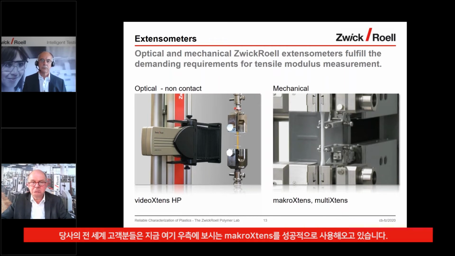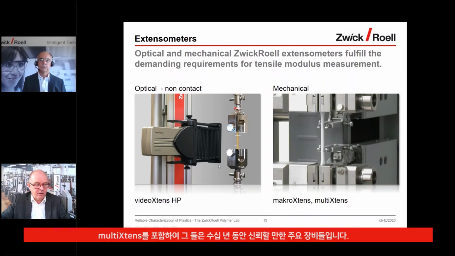So our global customers have successfully used the mechanical extensometers, MacroXtens, that you see here on the right side, the multi-extens, for decades. They are, let's say, reliable workhorses, often also used in fully robotized machines, which run day and night. And let's say they are something like the benchmark for other extensometer types.